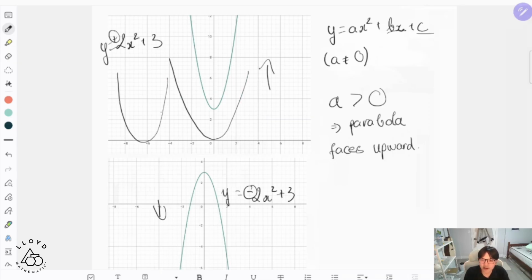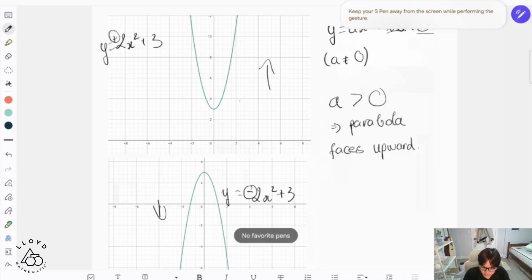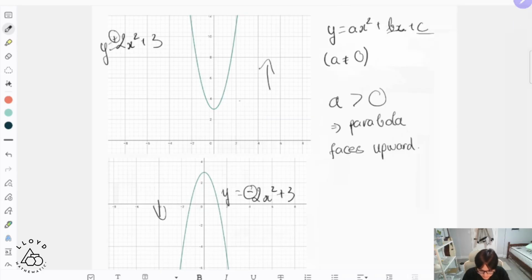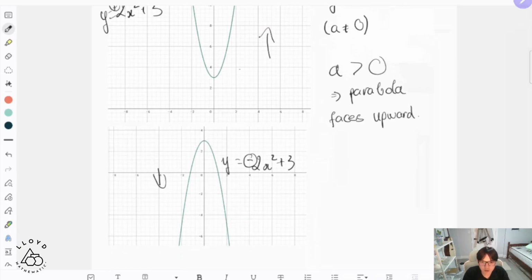As long as it's higher than 0, it will face upward. But how about this example? It's minus 2. Minus 2 is less than 0. So if a is less than 0, it is supposed to face downward, like this example.